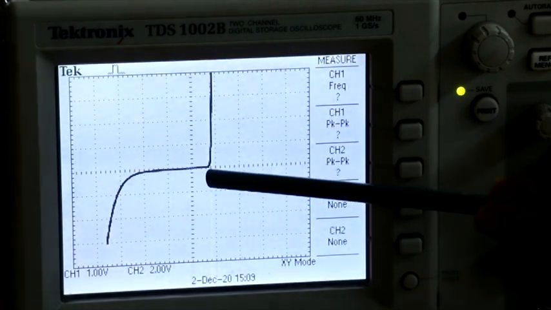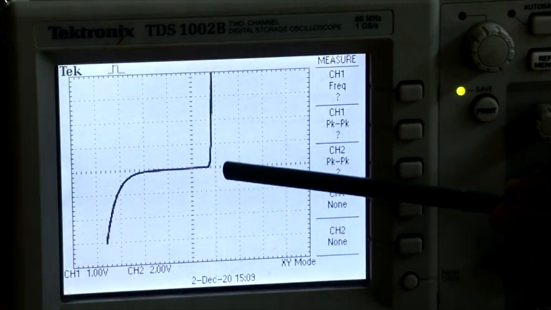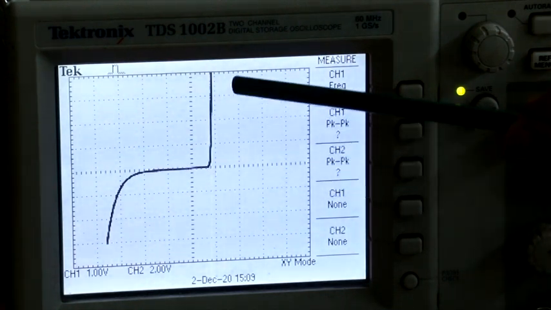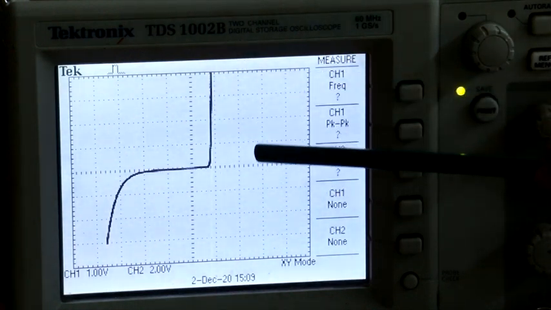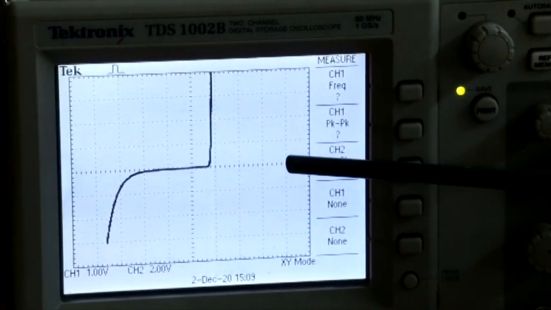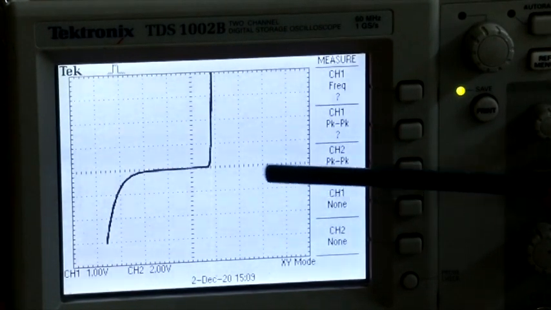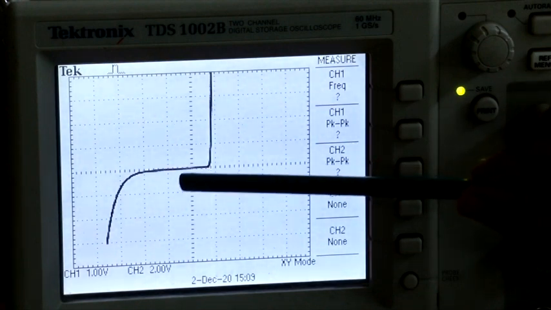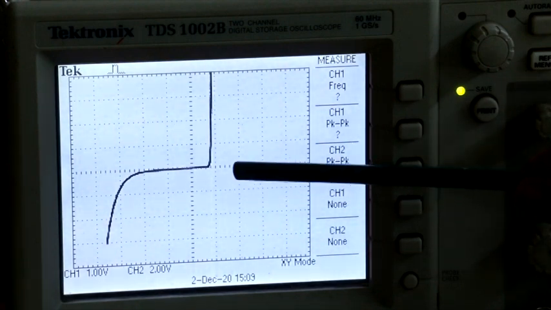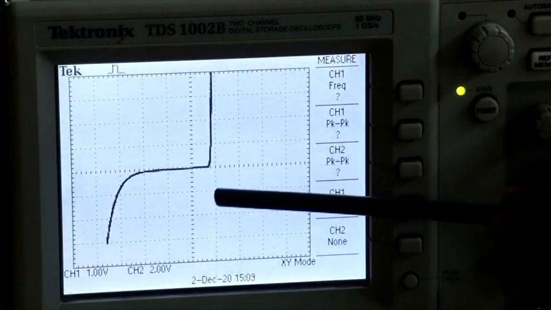You can see that during the positive half cycle, around 0.8 volt, you see the diode characteristics, and you can see it is almost vertical. So the Zener diode behaves just like a diode in the forward region. Now for a Zener, what we are really interested in is the reverse region.